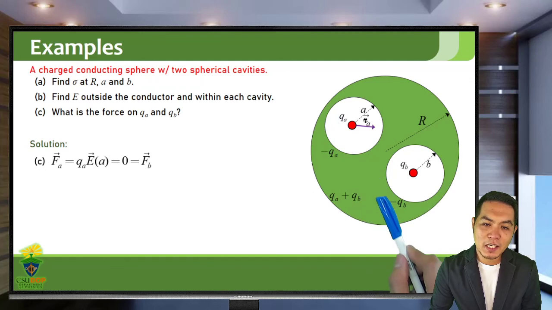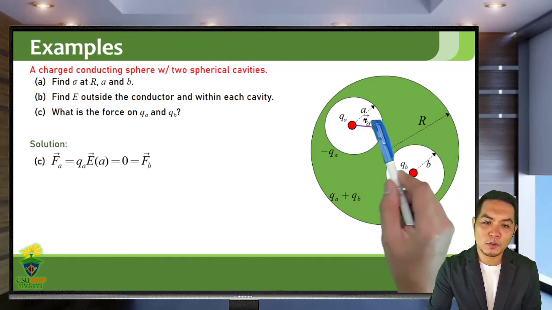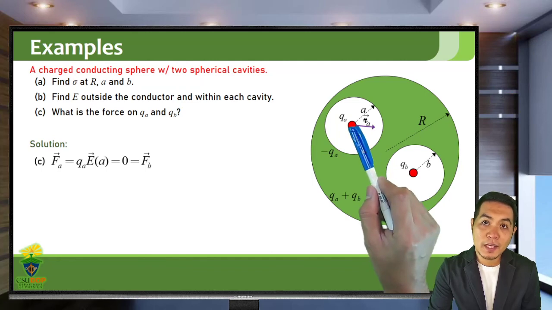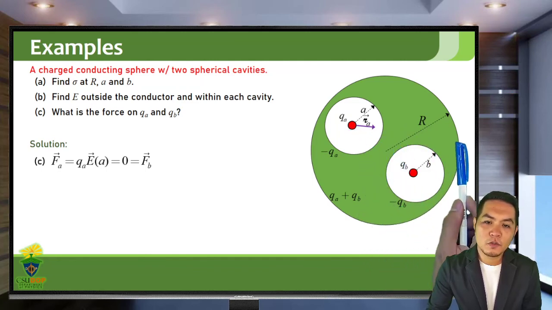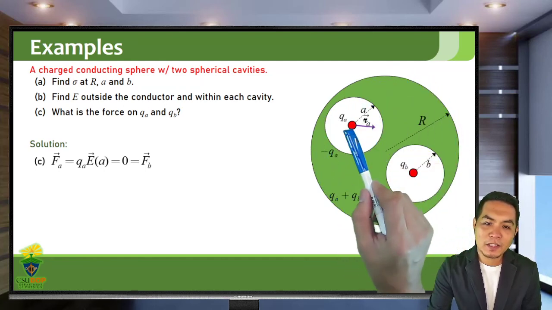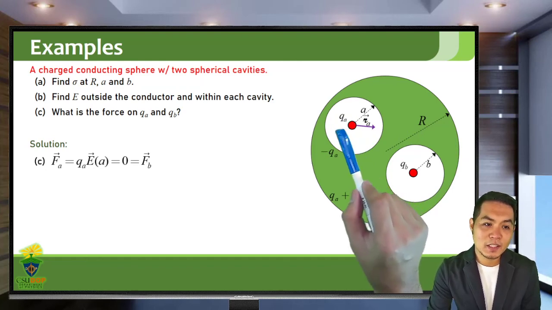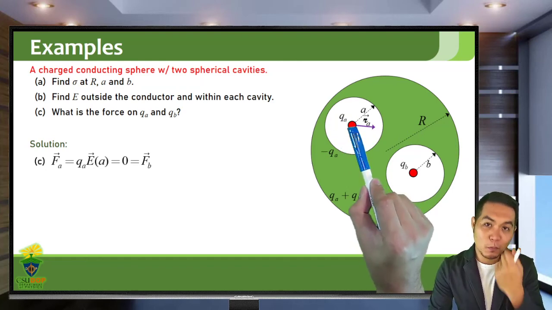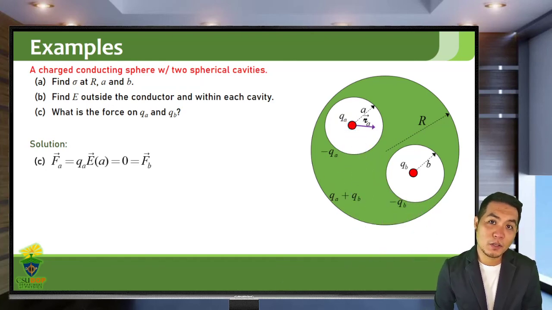For this case here, the total charge enclosed will be QB and negative QB, so 0. So there's also no electric field at this point due to this distribution. And due to the conductor, since this point is inside the conductor, the electric field will also be 0. So the electric field at this point will be 0. Therefore, there will be no force acting on QA.